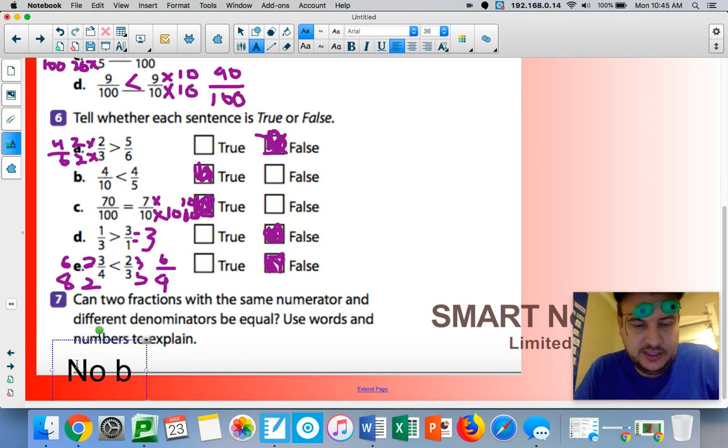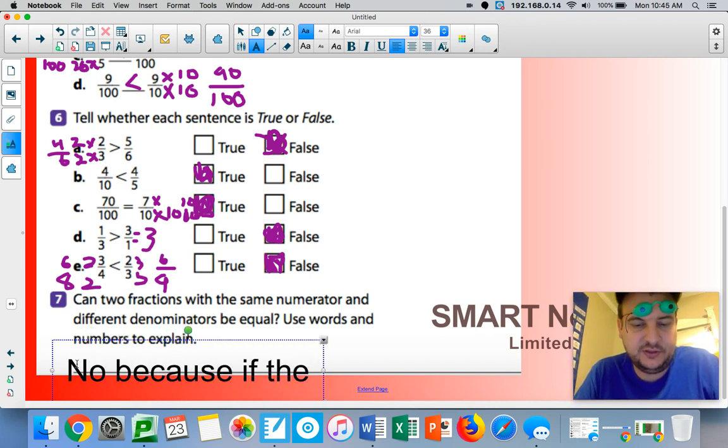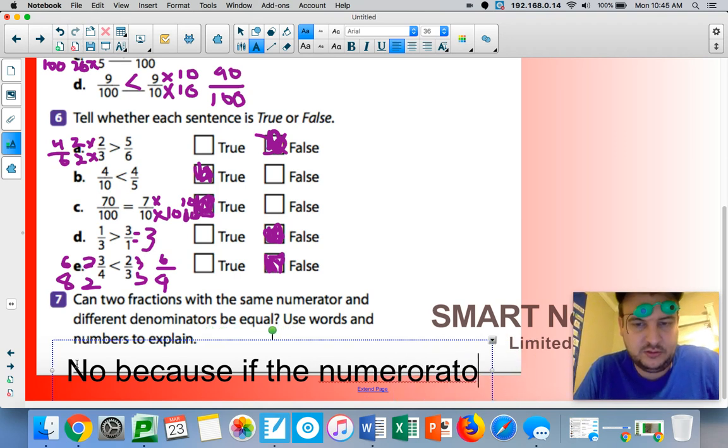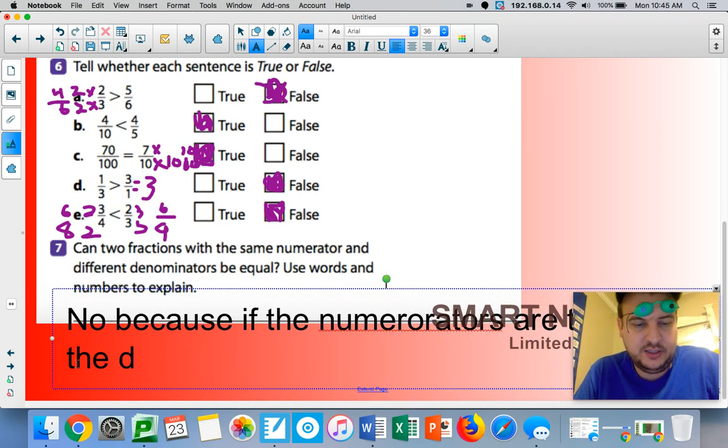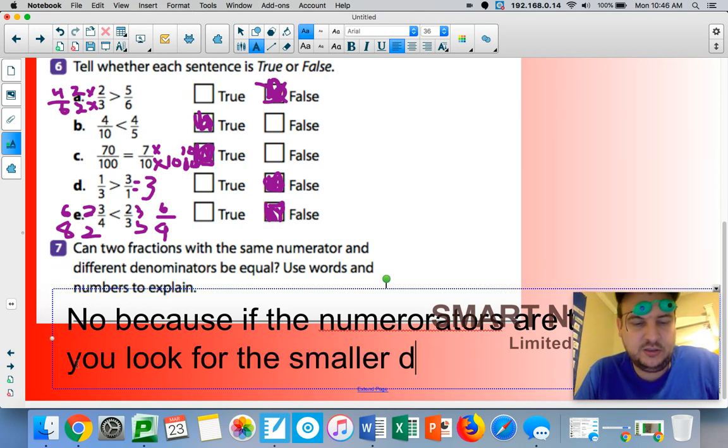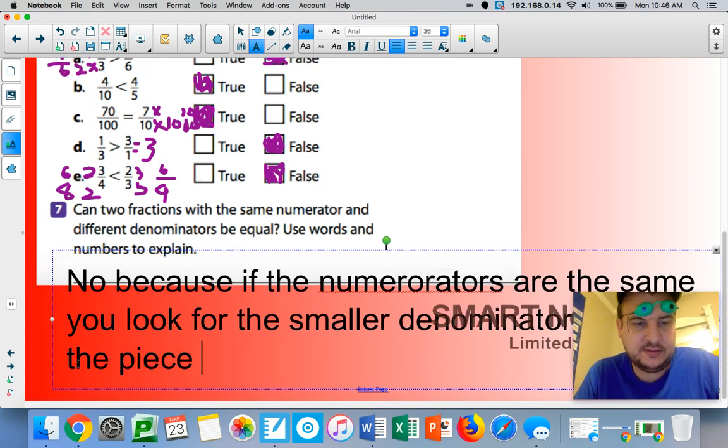No, because if the numerators are the same, you look for the smaller denominator because the pieces are larger.